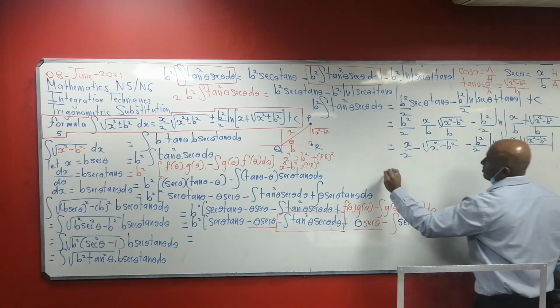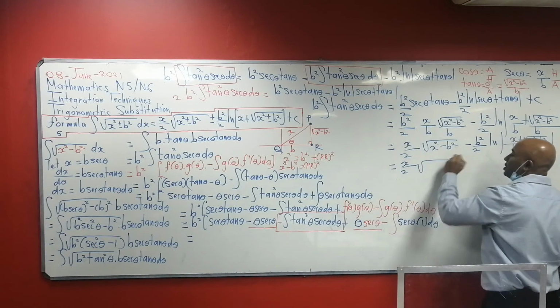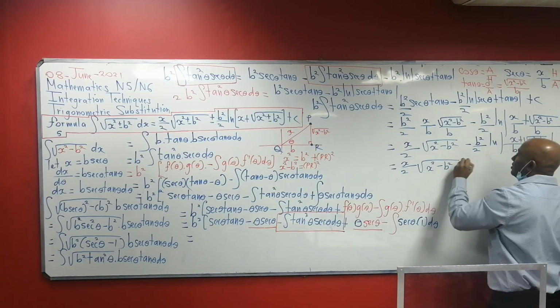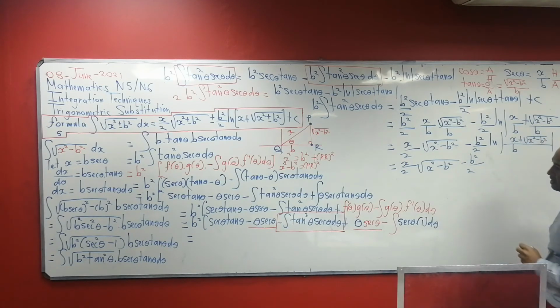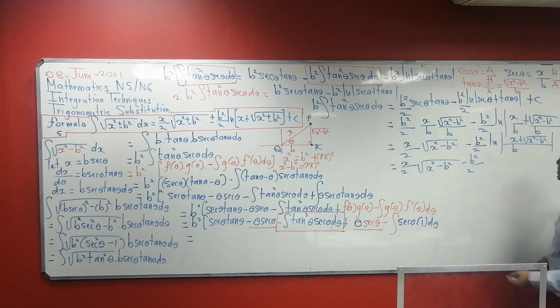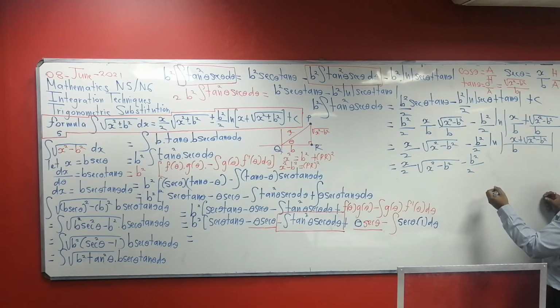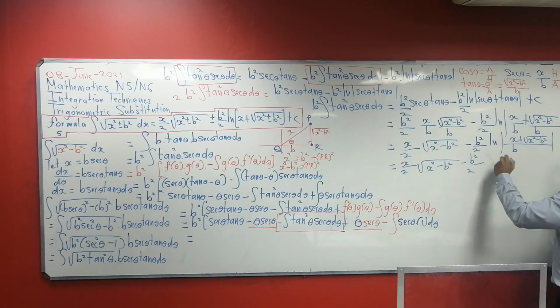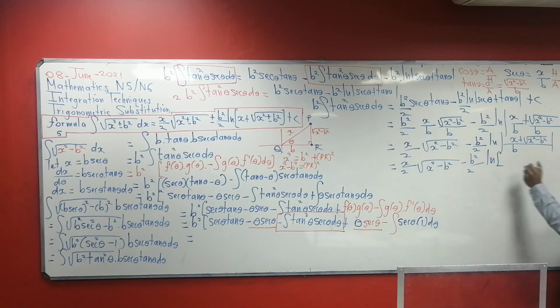Now, here's my x over 2. Watch what I'm going to do now. Notice the formula doesn't have any b there. Can you see that? So what I can do here is write it as ln of the numerator minus ln of the denominator.